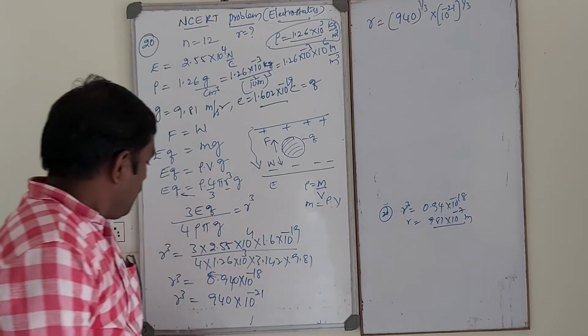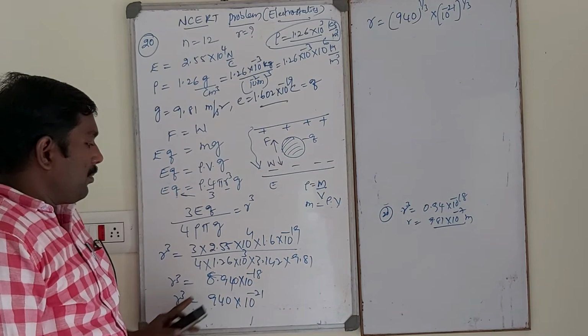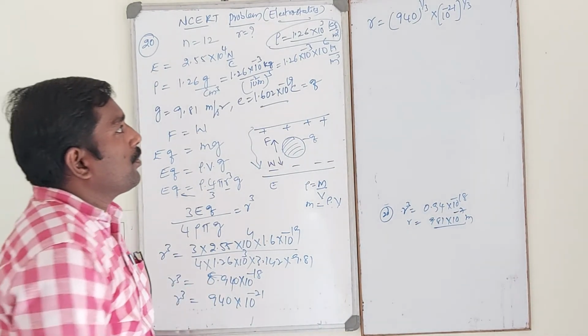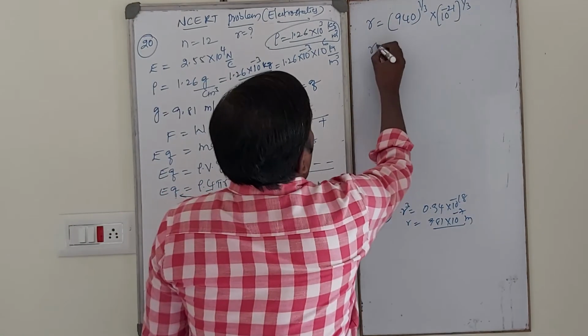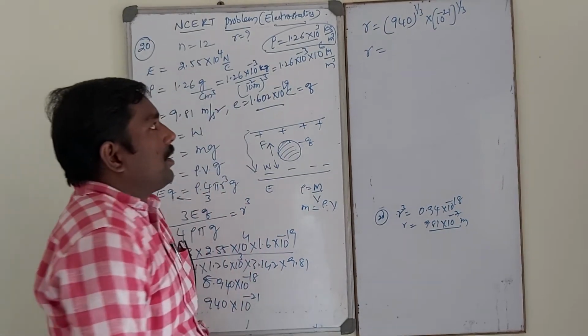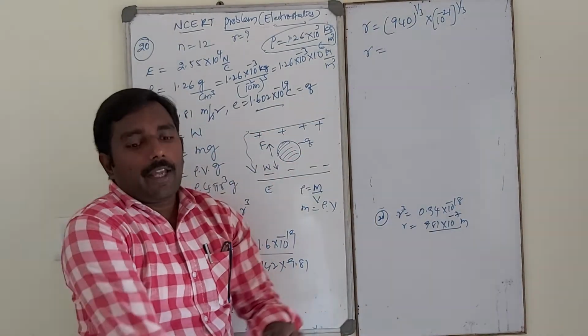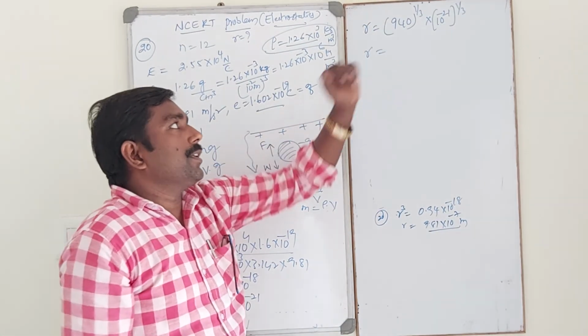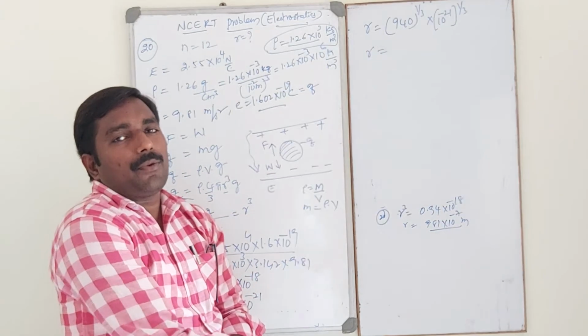Okay, cube root. So R is equal to, dear students, 940.